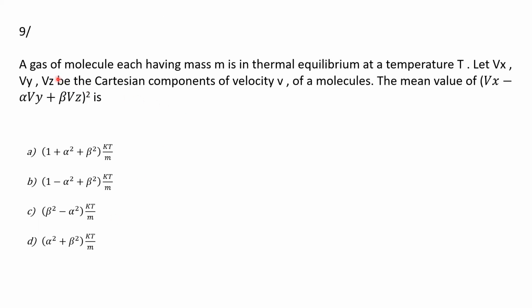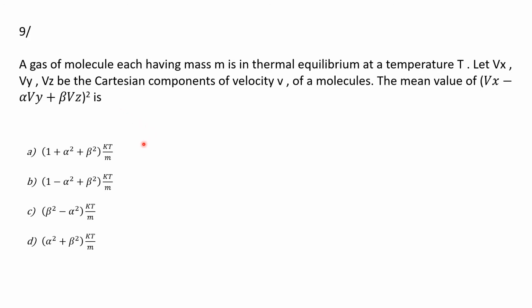Then, a gas of molecules having mass m is in thermal equilibrium at a temperature T. Let Vx, Vy, Vz be the Cartesian components of velocity v of a molecule. The mean value of (Vx minus alpha Vy plus beta Vz) whole square is what?